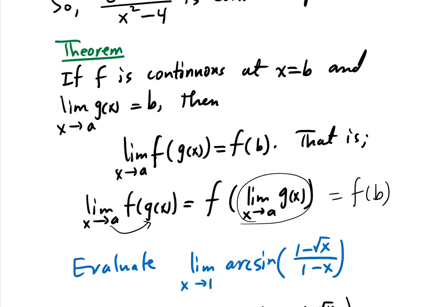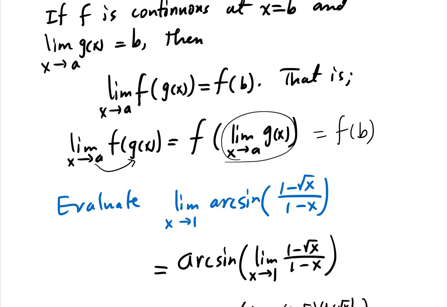An example of this: if we are asked to evaluate the limit of arcsine, or sine inverse, of (1 minus square root of x) over (1 minus x). What do we do here? Well, we can pass the limit inside. Why? Because arcsine is a continuous function over its domain. So that's why we were allowed to pass the limit inside.